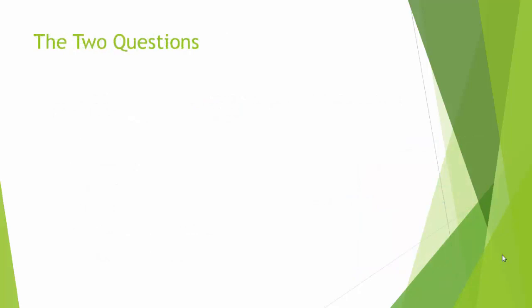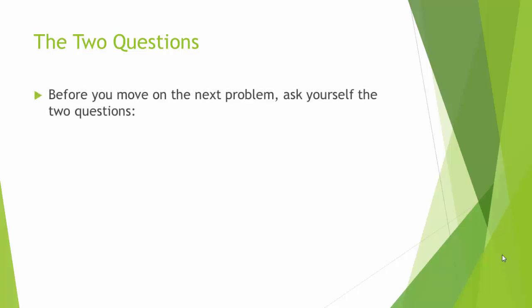The two questions are a tool to increase the probability that you're going to put the right answer on the page. By the way, these are used by scientists and engineers all the time to make sure that they don't kill people. Well, in our case, we're going to use them to increase the marks that we get in our courses. So what are the two questions?